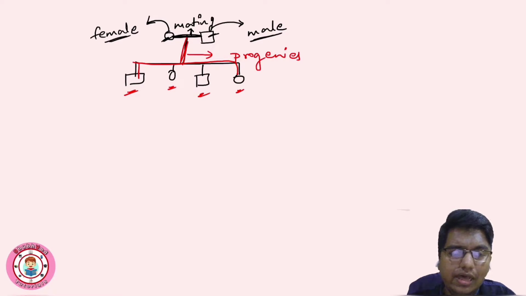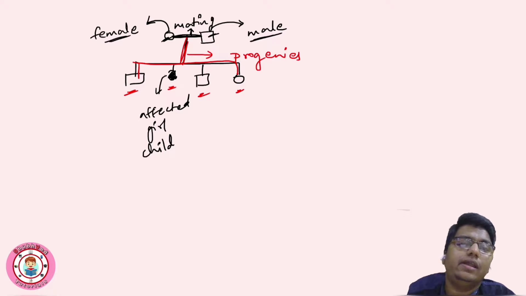Now if I color this, then this is known as an affected girl child. Things we have to understand, but there are many more signs too.